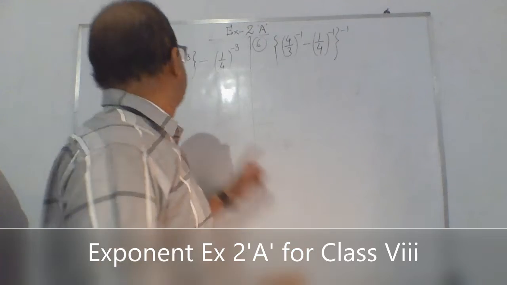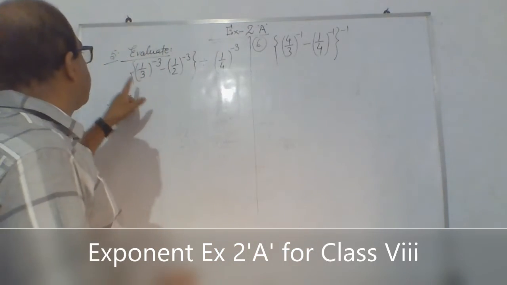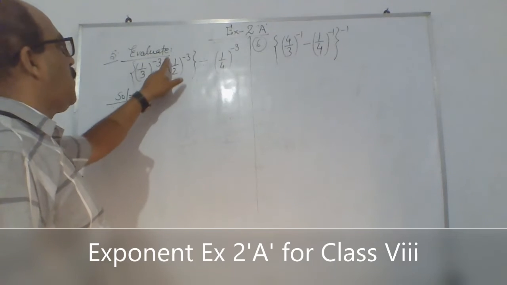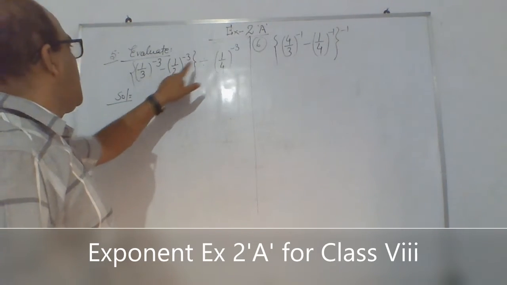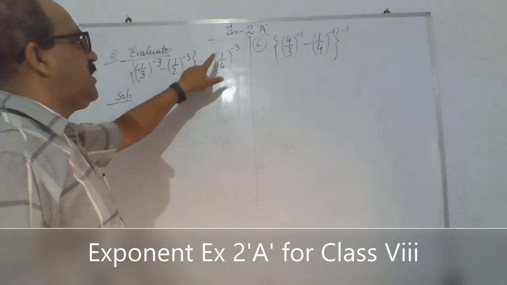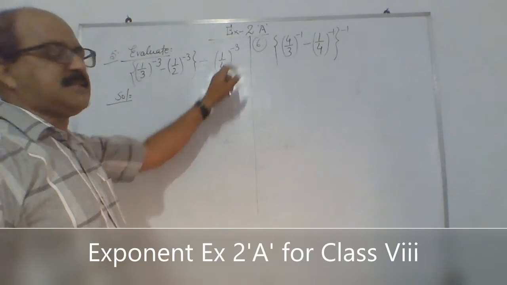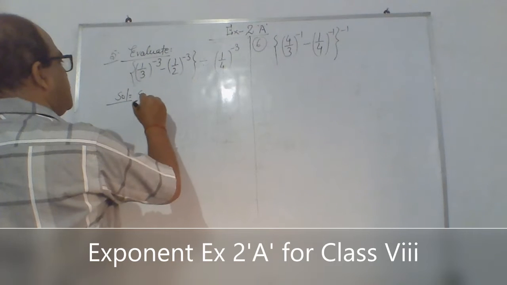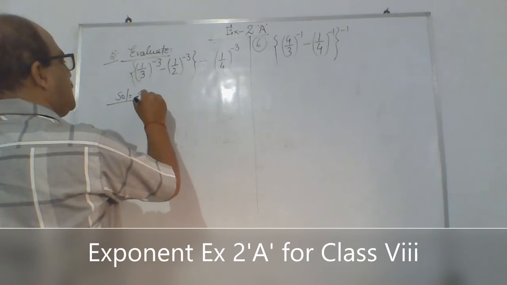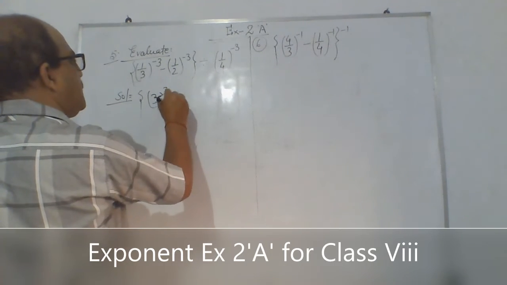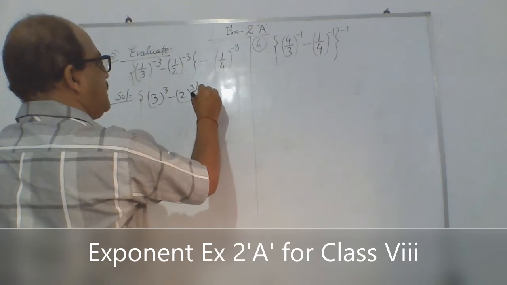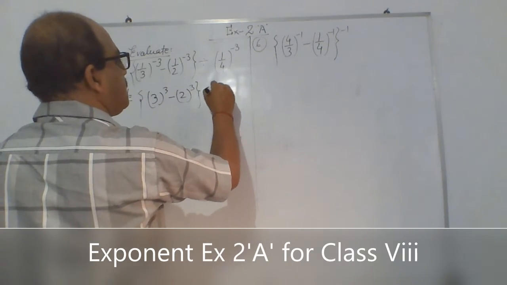See question number 5. Evaluate (1/3)^-3 minus (1/2)^-3 in brackets, divided by (1/4)^-3. We will solve it. So 3^3 minus 2^3 divided by 4^3.